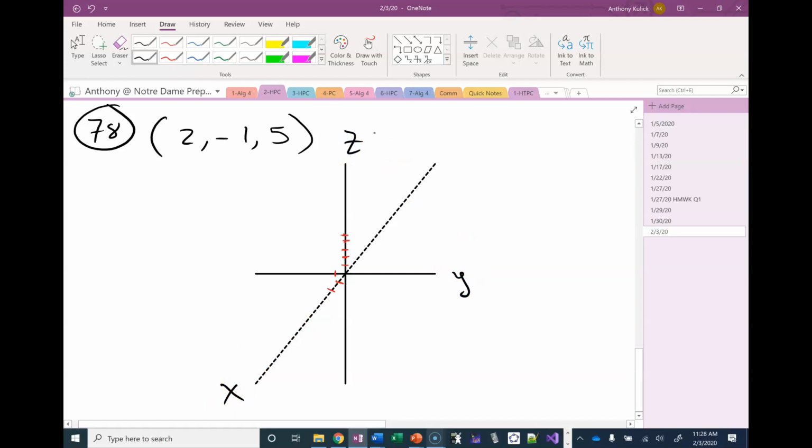This way. Okay. So what I'll do is draw a line that goes through 2, 0, 0, and is parallel to the y-axis. And then I'm going to draw a line that goes through the point 0, negative 1, 0, and is parallel to the x-axis.